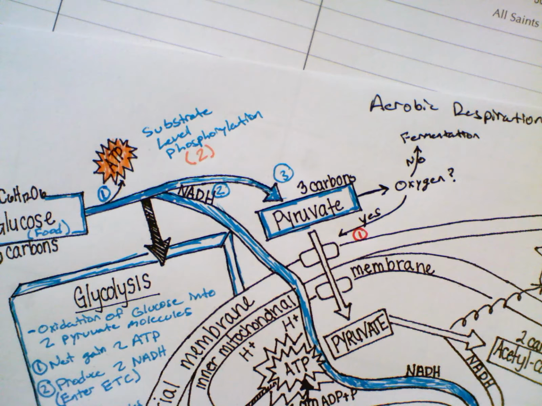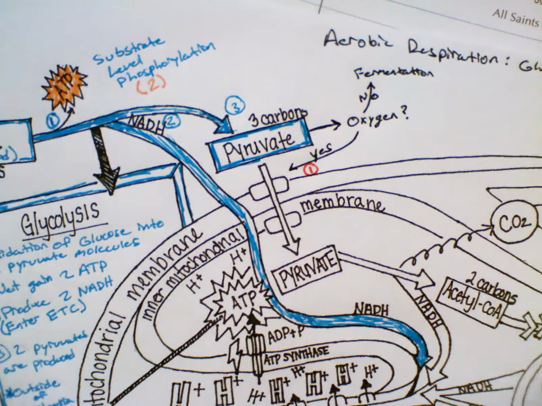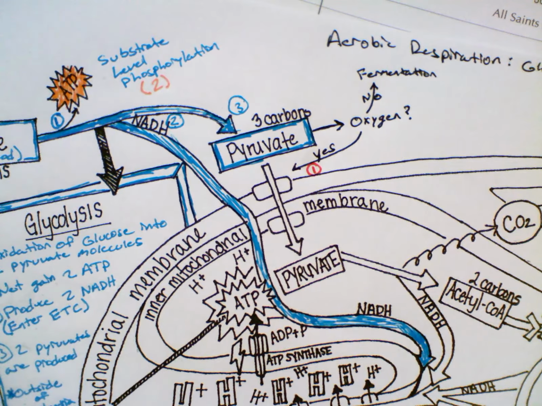Now, your book doesn't do a great job of delineating between the end of glycolysis and the beginning of the Krebs cycle. There's actually a reaction called the link reaction, which stitches these two processes together. What we're about to look at is technically part of the link reaction, but we're going to consider it part of the citric acid cycle because your book does.